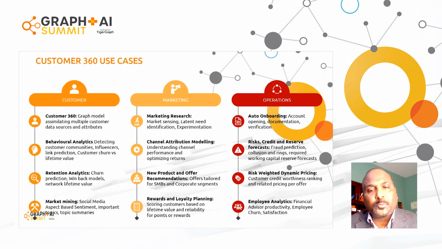Also, we look at the new product offering recommendations, the offers that are tailored for small to medium businesses, and also the corporate segments. Rewards and loyalty planning is also a very important aspect of the marketing from upsell, cross-sell opportunities perspective.